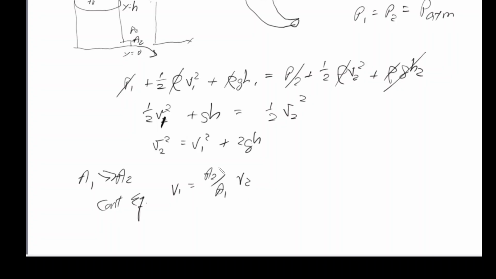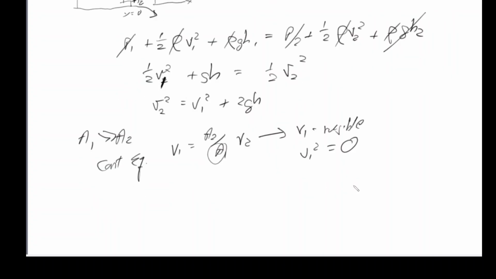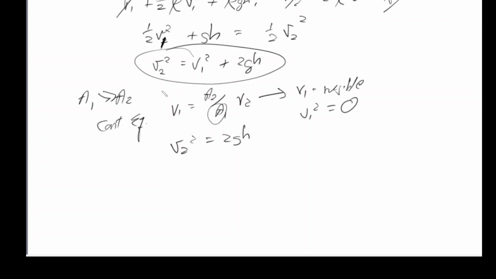So since A1 is much, much greater than A2, we're going to assume then that V1 is so small that it's negligible, and V1 squared is equal to 0. So that means that V2 squared is equal to 2GH, or V2 is equal to the square root of 2GH. So this is known as Torricelli's theorem, and it gives you the speed of efflux of the fluid from a tank with a hole in it.